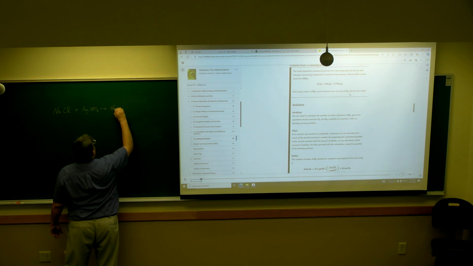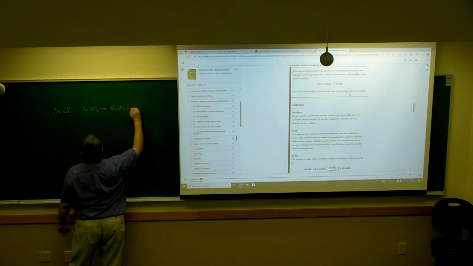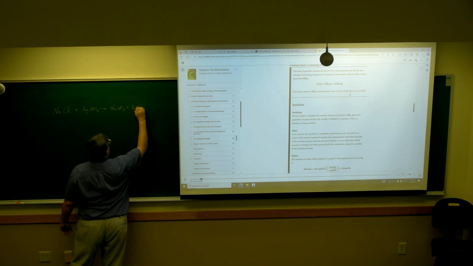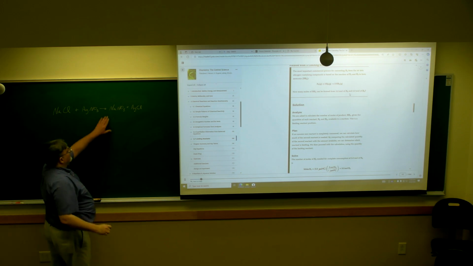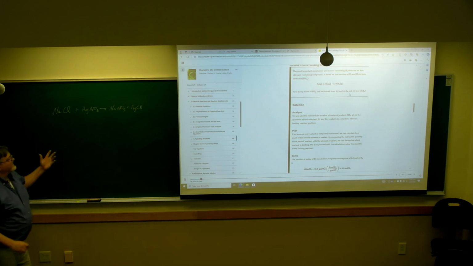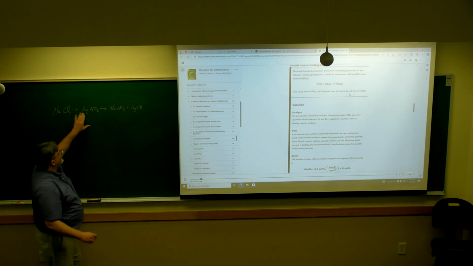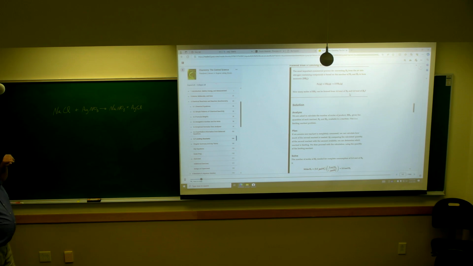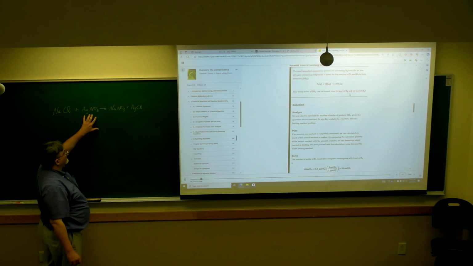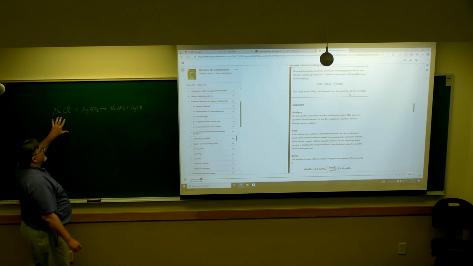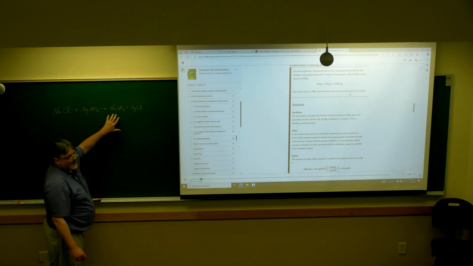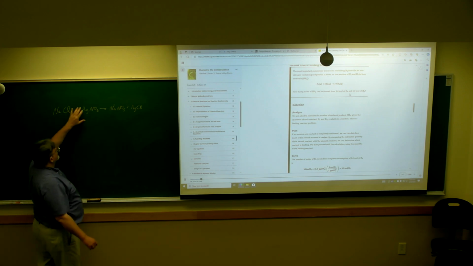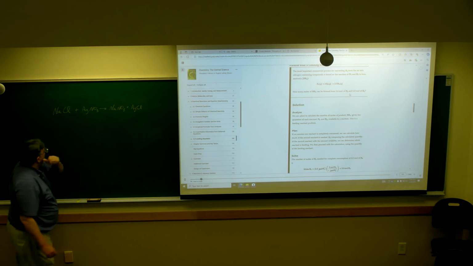And you got as products, this is actually balanced as it is. I don't need to put any coefficients here. So all the relationships here are 1 mole of NaCl to 1 mole of AgNO3, 1 mole of NaCl to 1 mole of NaNO3. So all of these are ones, here, here, here, and here.